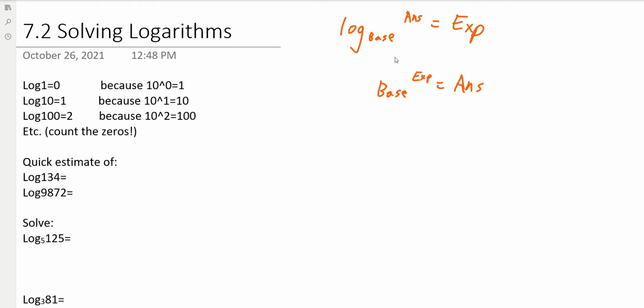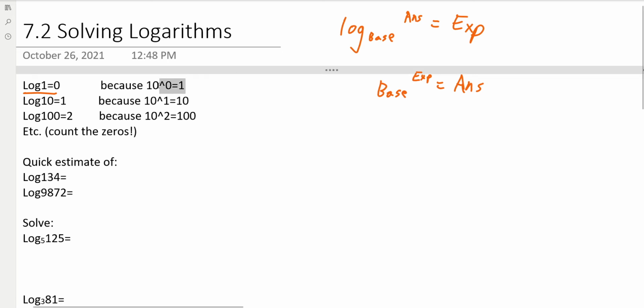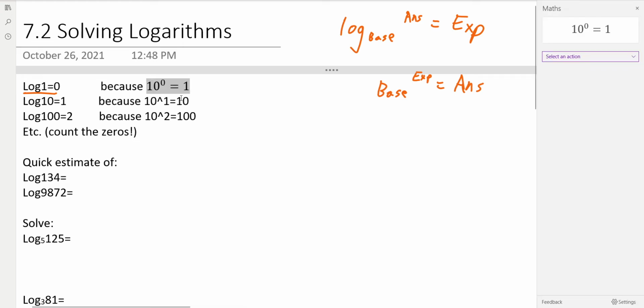So, for example, if we look at log 1, and just a reminder that it's base 10 if it doesn't say otherwise. So log base 10 of 1 equals 0. So the answer is 1, the exponent is 0. So if we look at these ones here, which I'm going to change right now so you guys can read it a little bit more clearly.